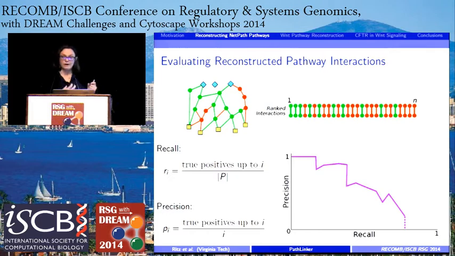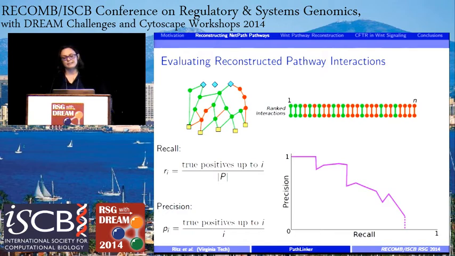Now for our positive set of interactions, we're going to take the interactions in the curated pathway database, the curated signaling pathway that we're interested in. Now, unfortunately for negatives, there's no set of interactions that are known to not be signaling interactions.